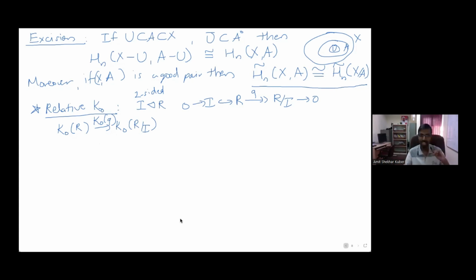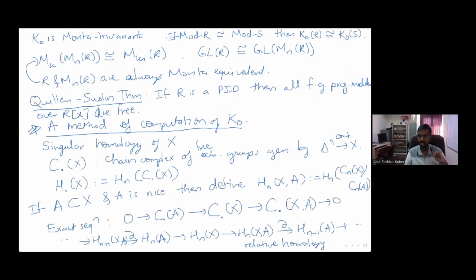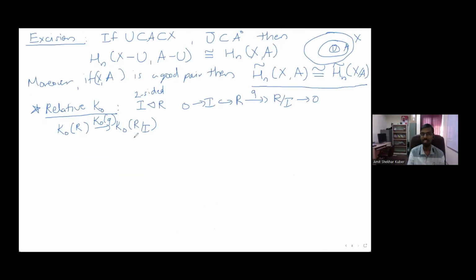But unlike this place, where A was given and X was given, and then X comma A was developed, the thing that we want will be placed here. Because we have a surjective map already, the relative K group will be placed here. So how do we construct this relative K group?